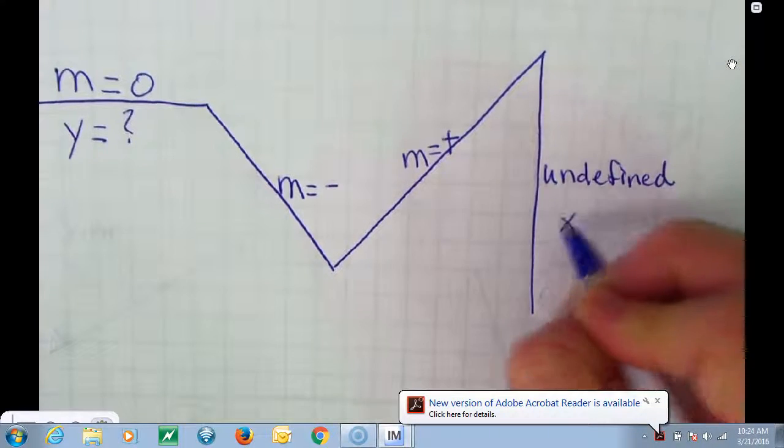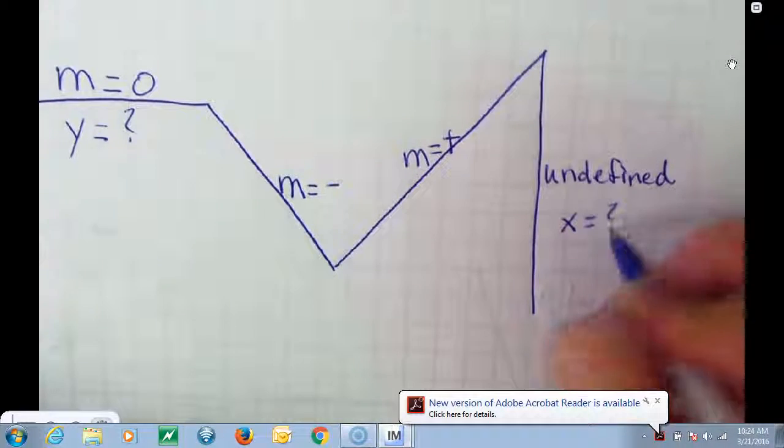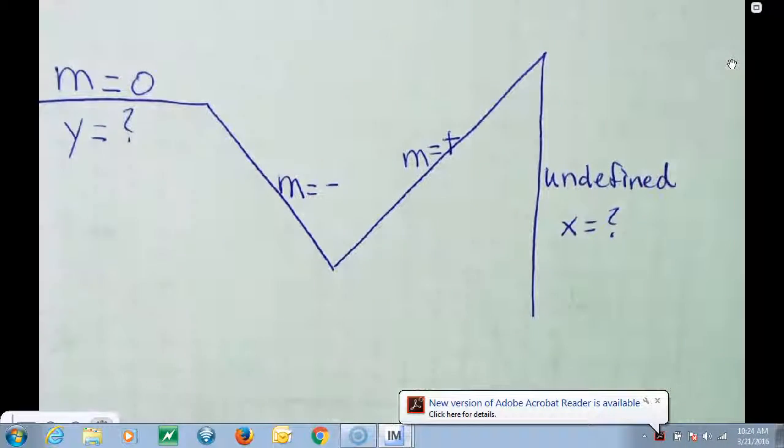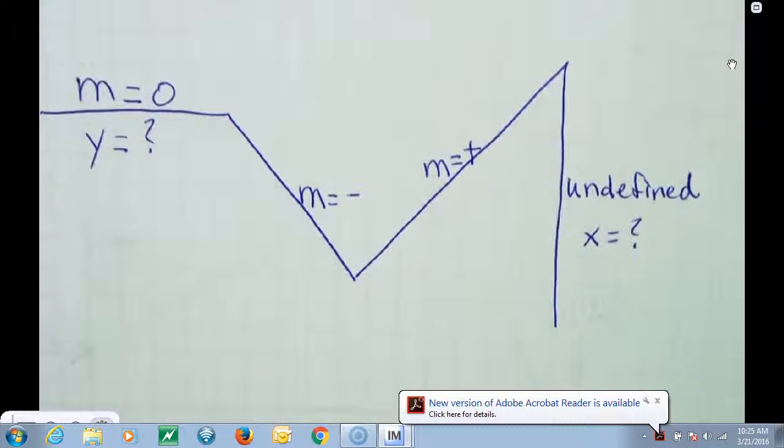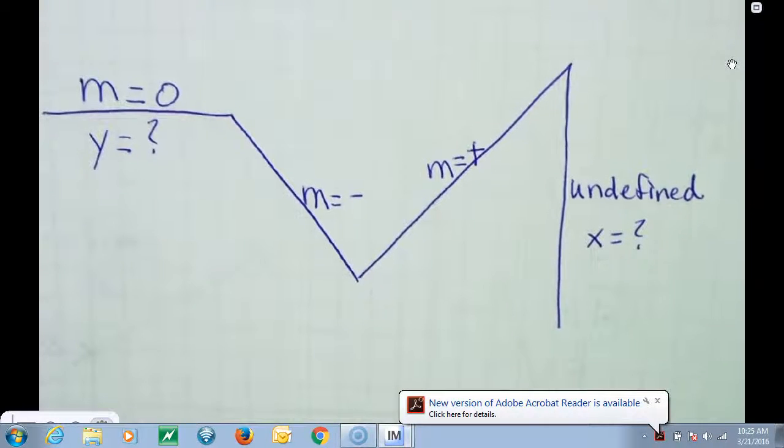So your equation is x equals wherever it crosses the x-axis, right? We just did that. Guys, this might help you pass this one question, knowing the slope, how to do slope. Okay, now, come down here.